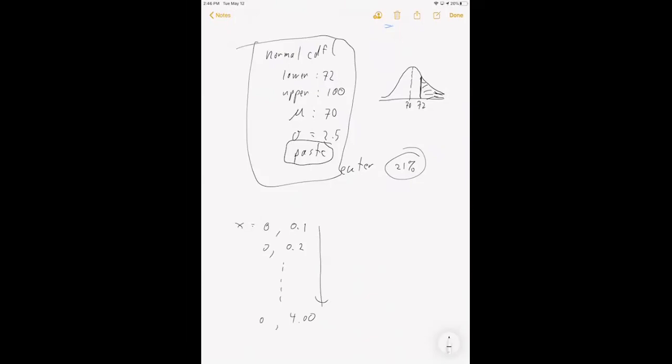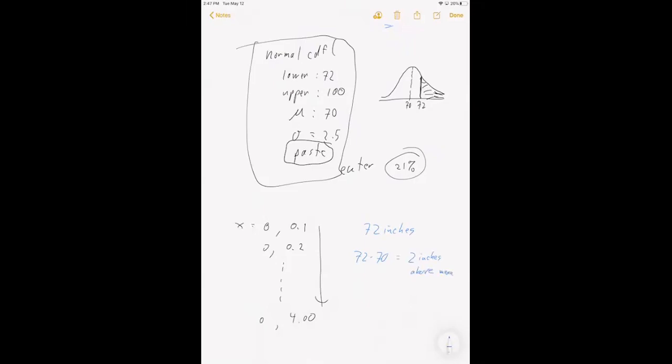But you could figure out the probabilities for shaded regions that people had worked out, and you would look it up in a book. But you needed to compare it to the standard curve. So what we would have done with the numbers is we would have said 72 inches is 72 minus 70 above the mean. So it's 2 inches above the mean.